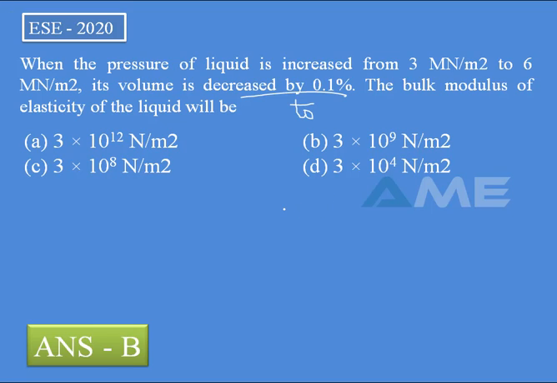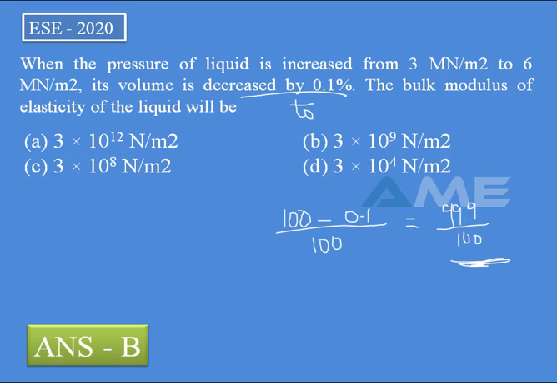From 100, your final value is 0.1 divided by 100. So what's your value now? Just make 100 minus 0.1. What you're going to get? 99.9 divided by 100. See, this is your total volume that is decreased.